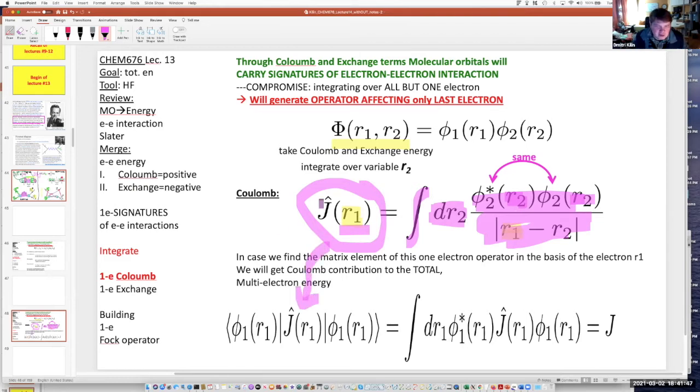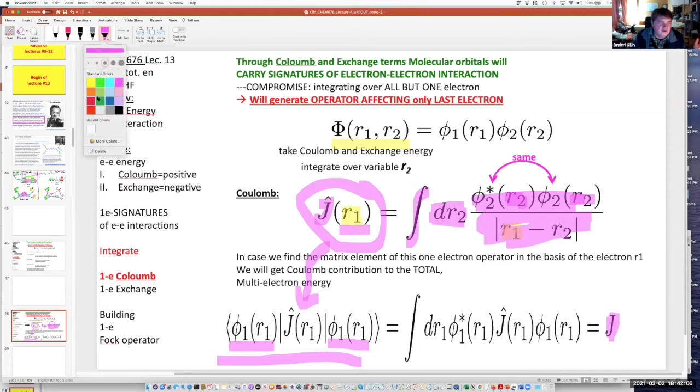So if you take the thing that we call J, we can take one electron matrix elements with the first electron, and after this second matrix element operation, we will get numbers. We will get an actual matrix element. So if you do a second integration over another variable R1. So this was for the repulsive part with a plus sign.